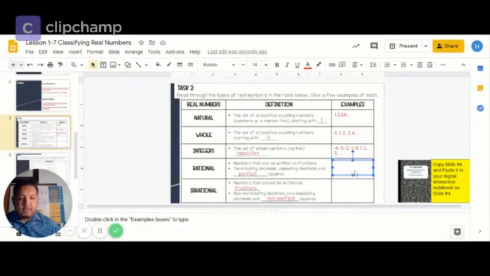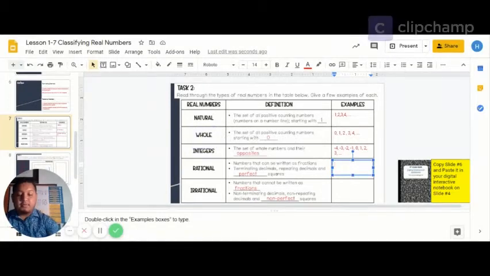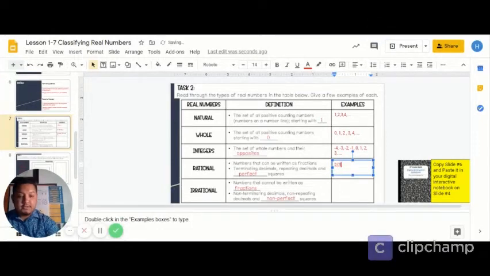Now, rational numbers: numbers that can be written as fractions, terminating decimals and repeating decimals and perfect squares. Okay, so for example, the number 2/3 can be written as a fraction.